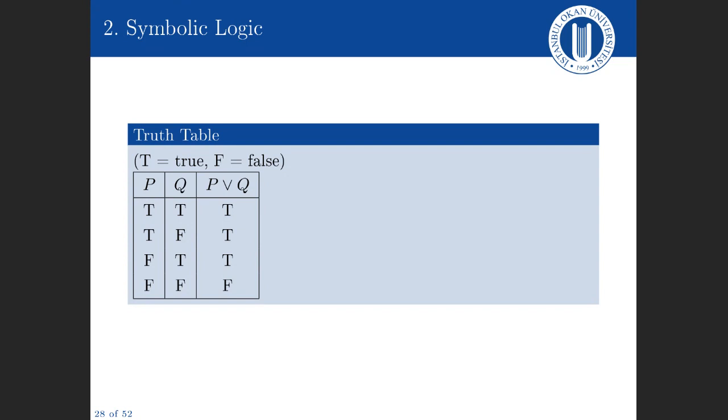There's two choices for Q. Multiply these two numbers together. There are 4 possibilities for P and Q. So we need 4 lines to our table. And the 4 possibilities are true, true, true, false, false, true, and false, false.